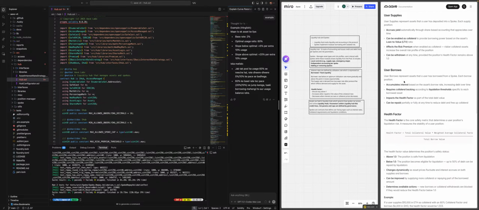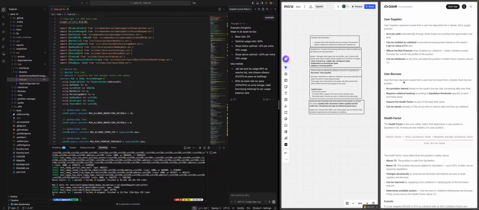So what we get from here is that there are two types of positions. First is user supply, where you are providing supplies and it accrues yield over time, and positions are defined by share based accounting, which allows users to convert their shares back to assets, and it can be withdrawn at any point in time, unless you are borrowing against it.